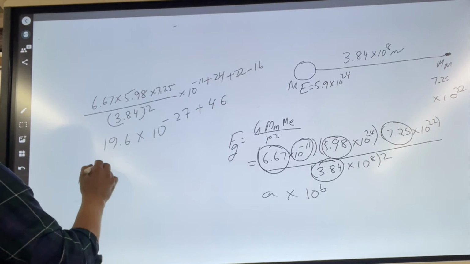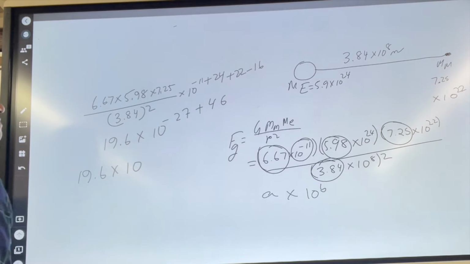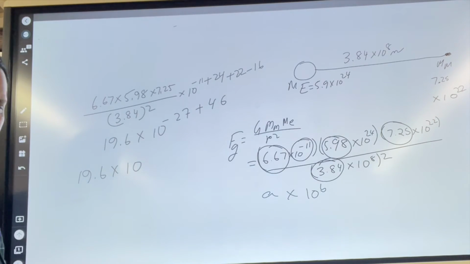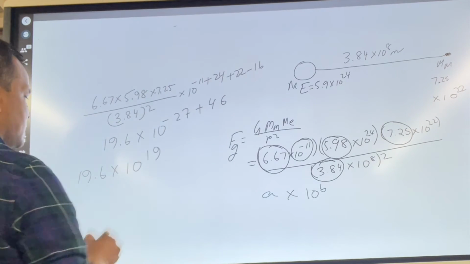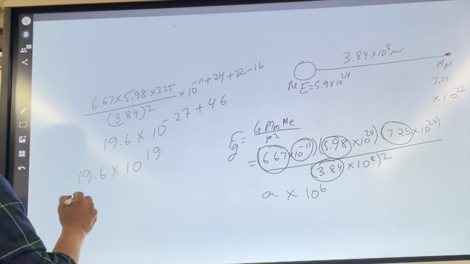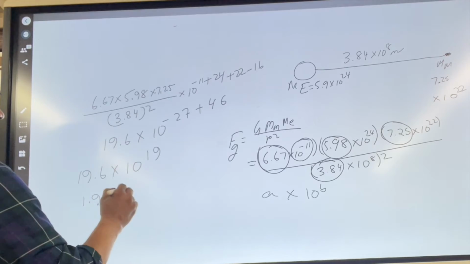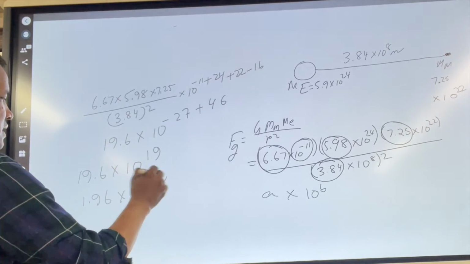So 19.6 times 10 raised to 19. So this is going to be 1.96 times 10 raised to 20.